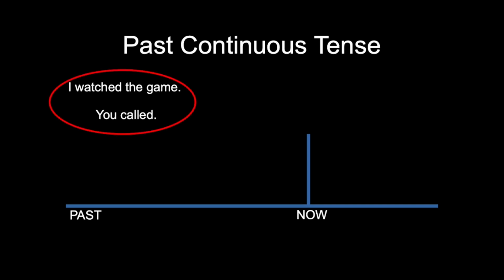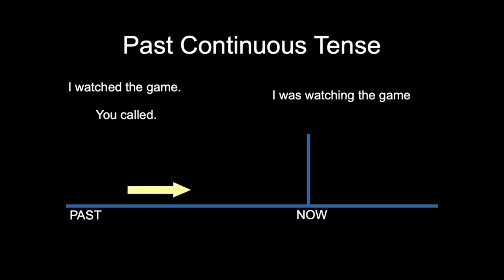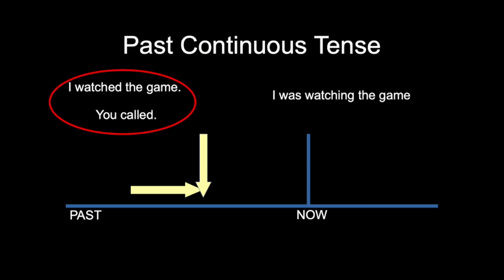These are the two actions that happened last night. So, the longer continuous action should be expressed in the past continuous tense. And the shorter action that interrupts it should be expressed in the past simple tense. So we can say, I was watching the game last night when you called.